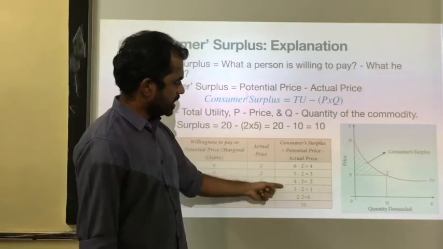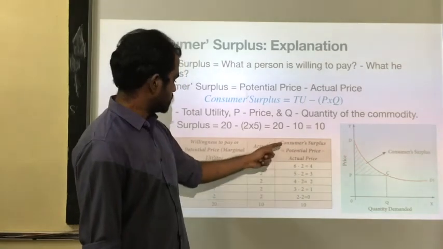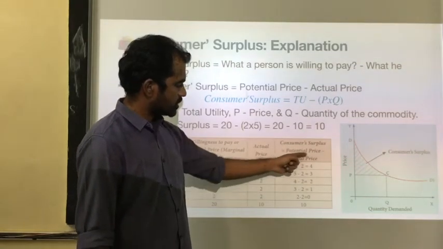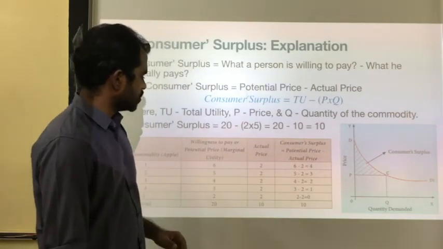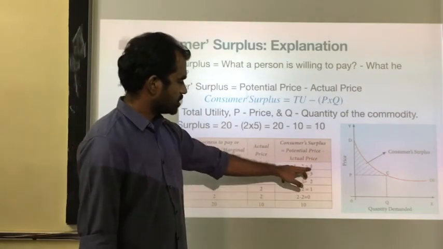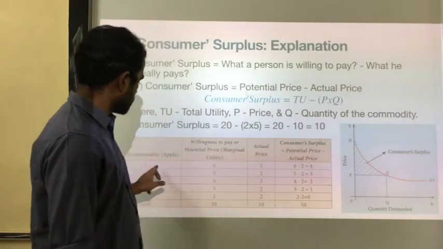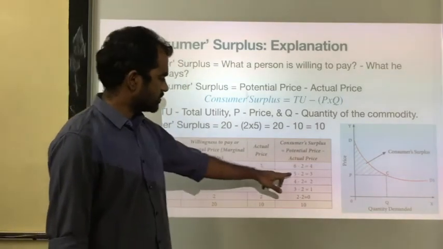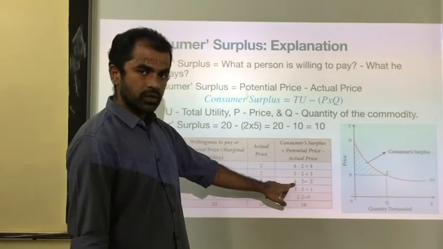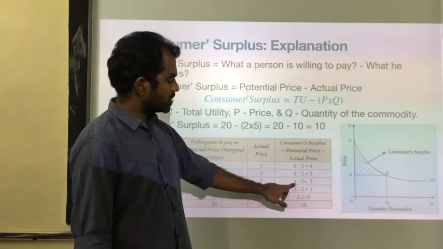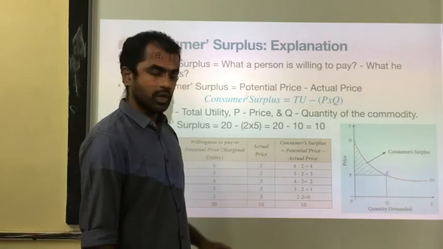And if we calculate individually the consumer's surplus, which is equal to potential price minus actual price, 6 minus 2, 4. This is the consumer surplus from the first one. From the second one, it is 3. The third one has a consumer surplus of 2 rupees.